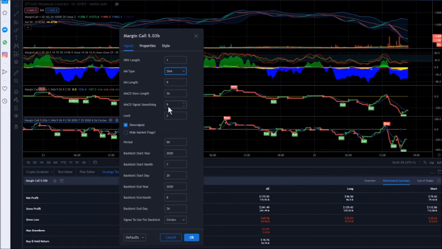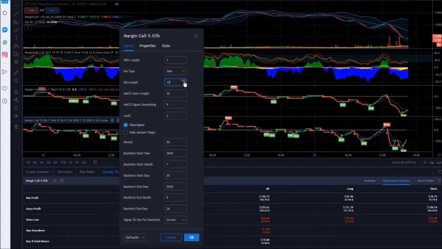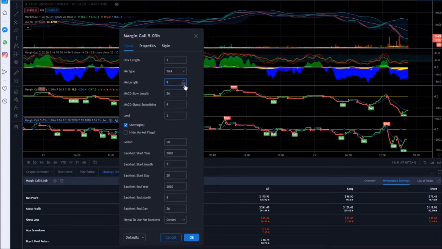Now the MACD length would change it too. So there's a lot of cross-referencing. There we are. That makes it even better.